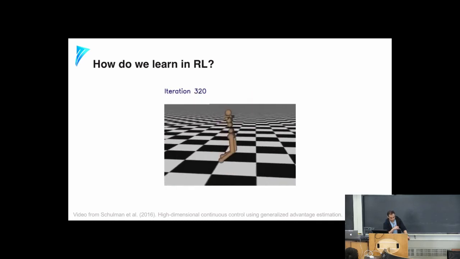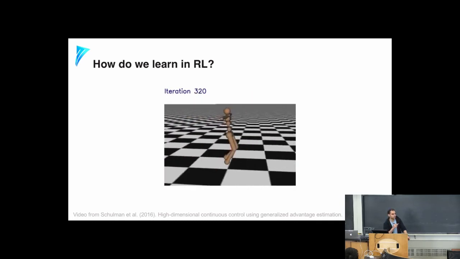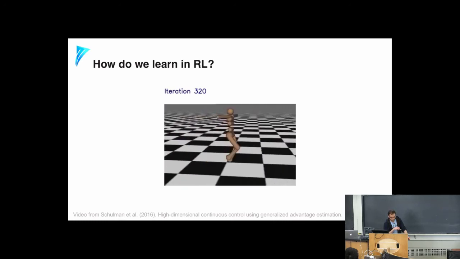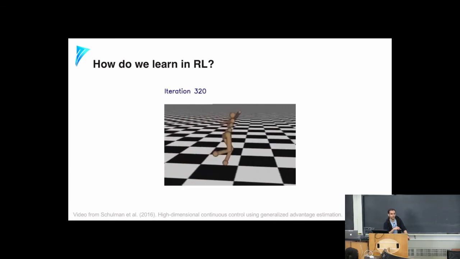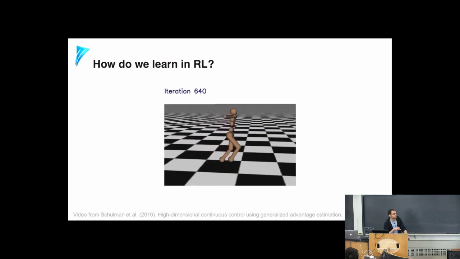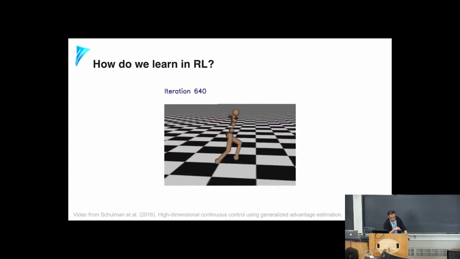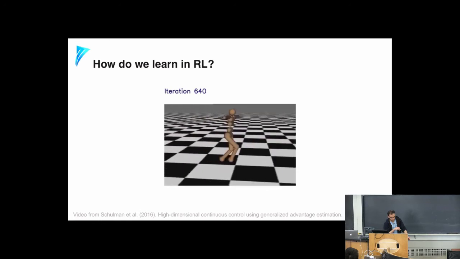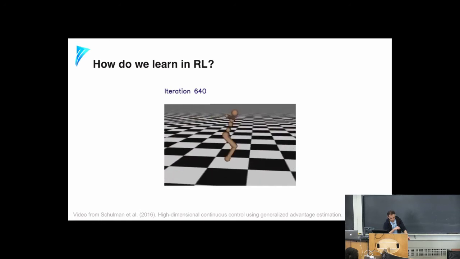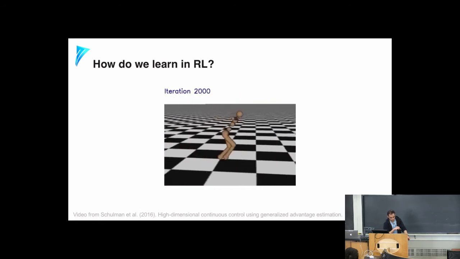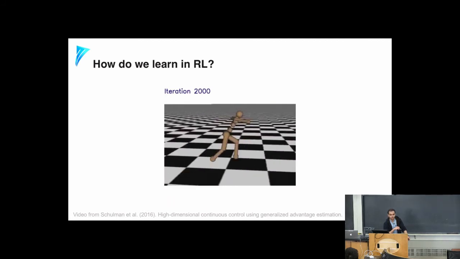You can see that from iteration to iteration, the policy initially starts with very bad behavior, and then eventually it slowly converges to some sort of nice behavior. After a lot of iterations, we can even further optimize the behavior.